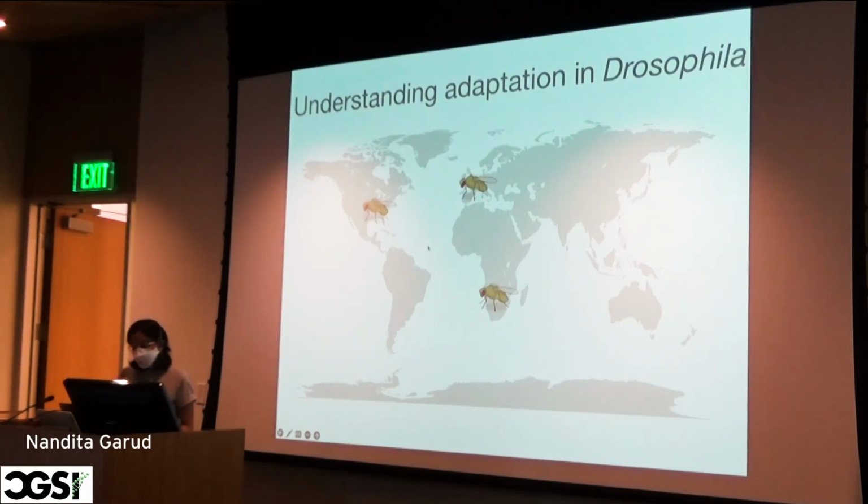So why Drosophila? Drosophila is a really wonderful organism to study because we have a very deep understanding of its biology. We understand its generation times, we have a good sense of its genomic map, the fact that we have a very good sense of where in the genome it's recombining and at what rate. We also have abundant data for this organism.